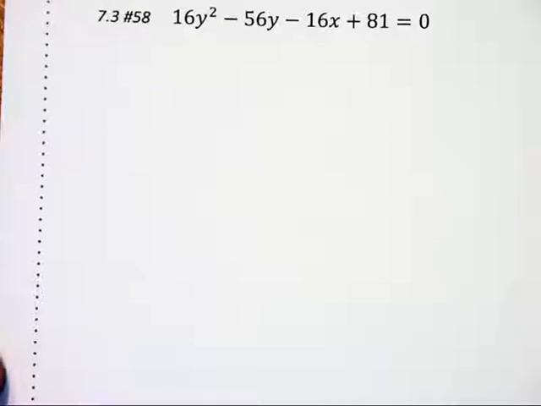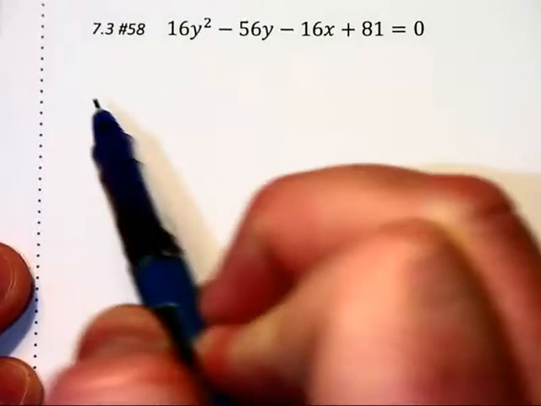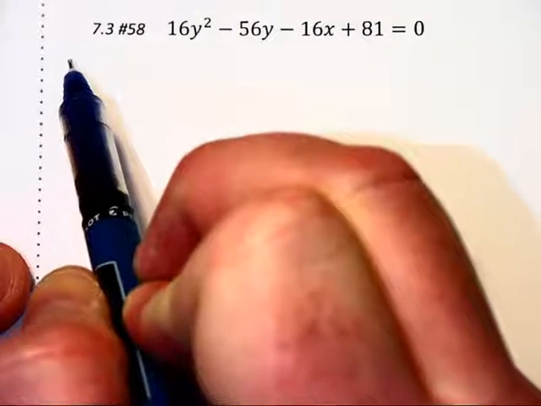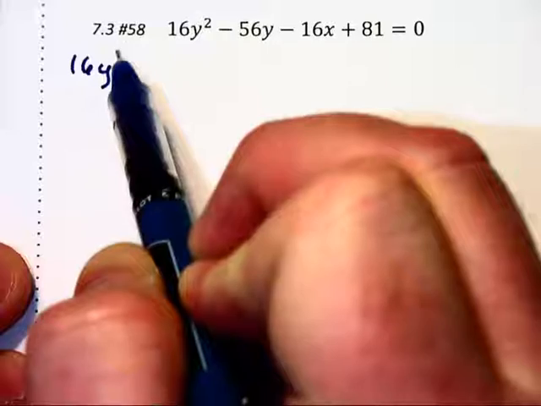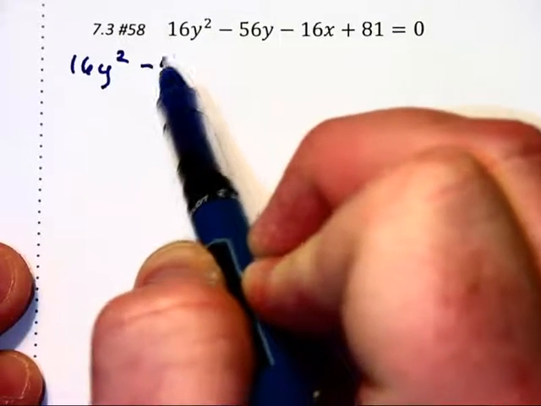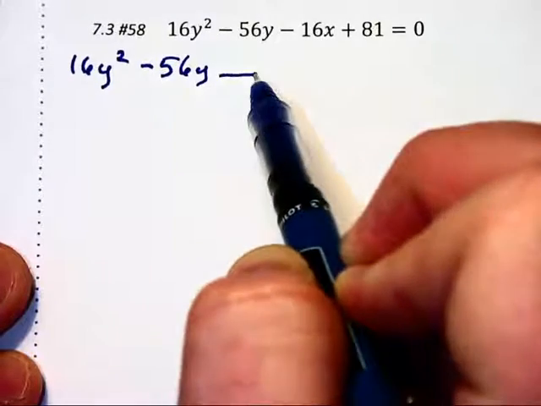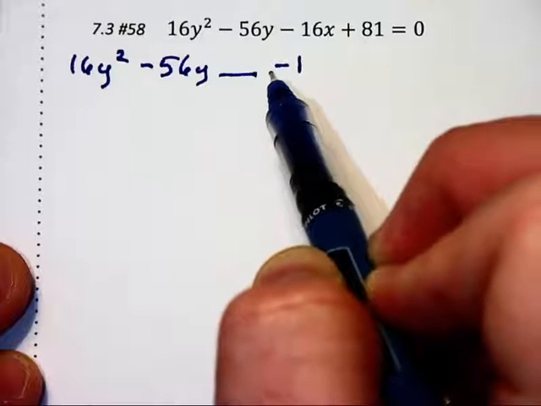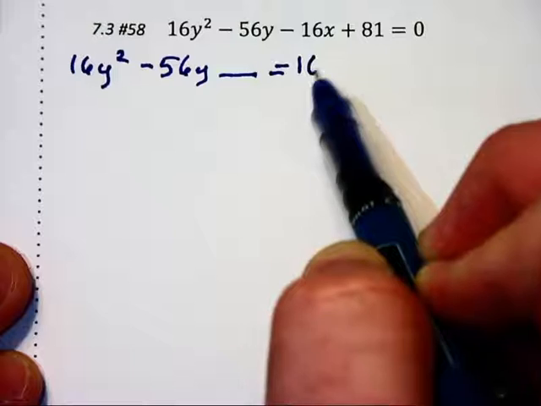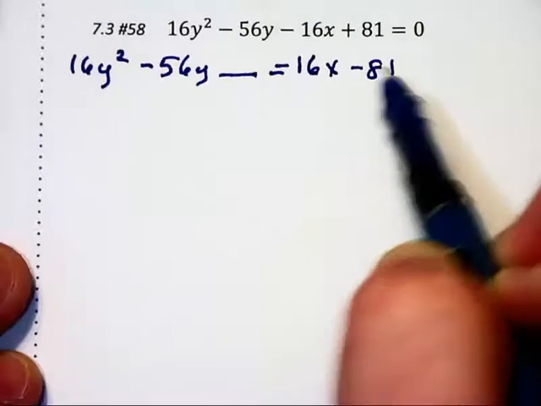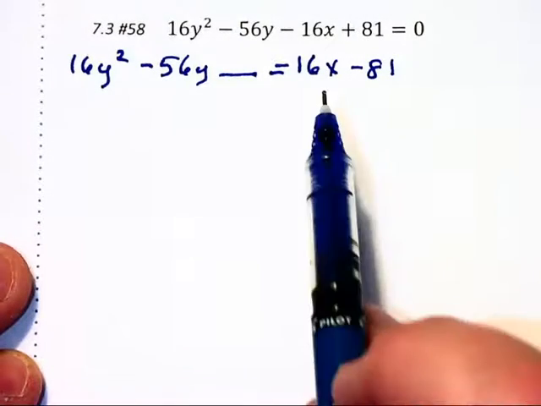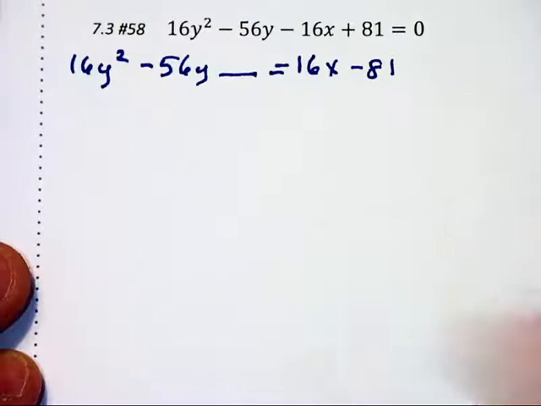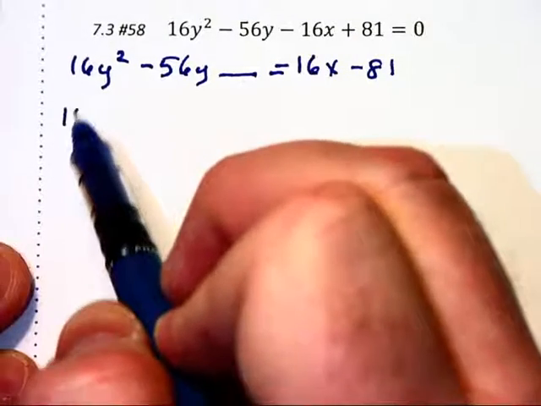So let's begin with this first problem, and let's group the x's and y's separately. So we will have 16y squared minus 56y, leave a blank, equals 16x minus 81 on the right. That will give us the completed square on the left and the rest on the right. Let's, on the left, factor out 16.